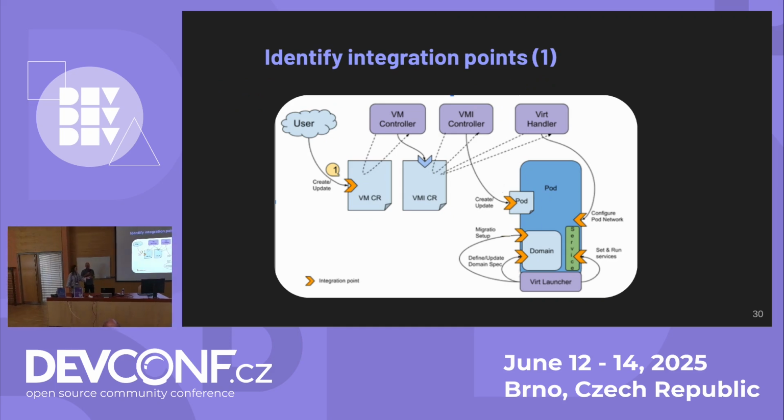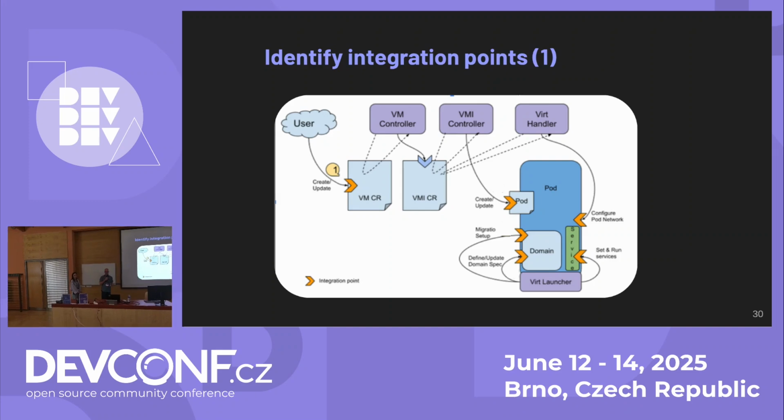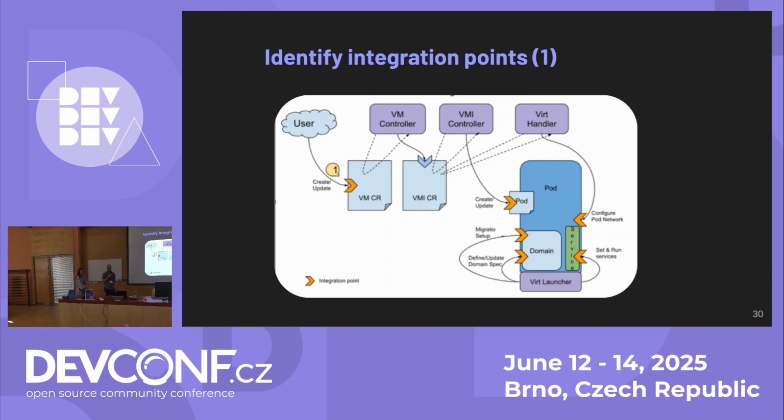Yeah. So after we identified that this is more or less what we want, we tried to think how we can do that. The first step is to identify where we can plug things in, where the integration points are. That is, where do we touch in order to make the binding originally.